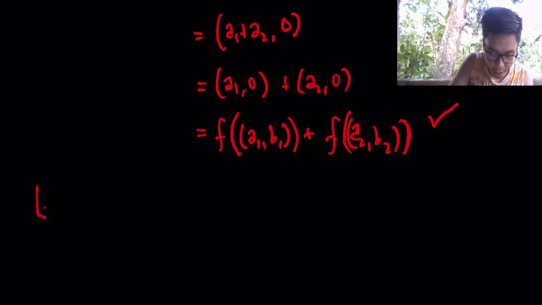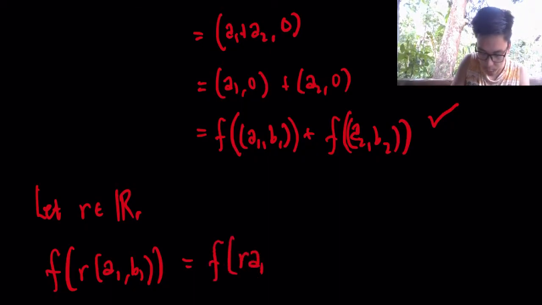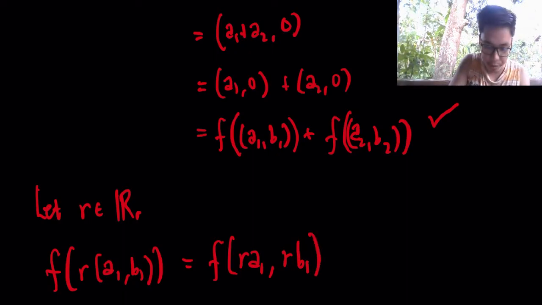Okay, so let's consider a scalar r coming from R. If we have to evaluate r times (a1, b1), basically this is f of (ra1, rb1). For convenience, I won't use the subscript anymore because we're only using one vector here.